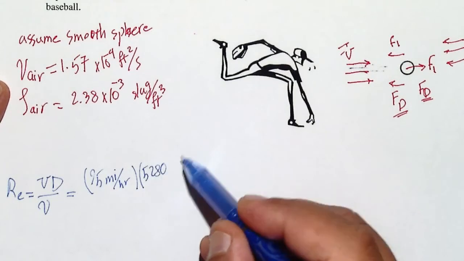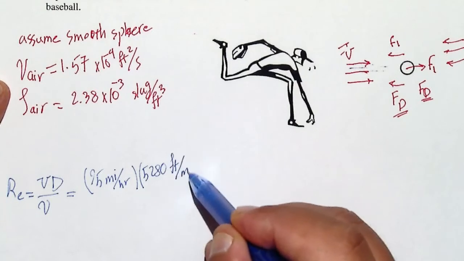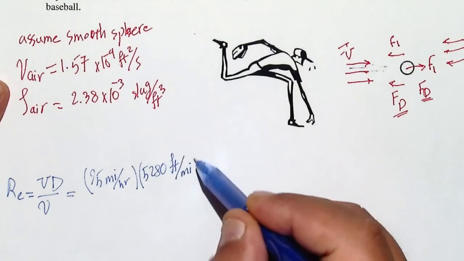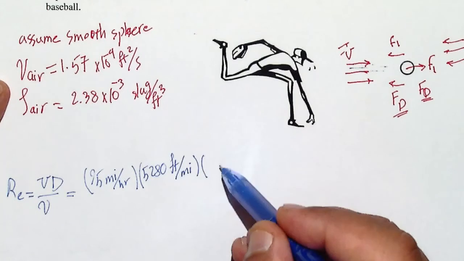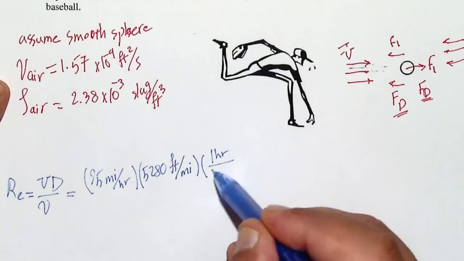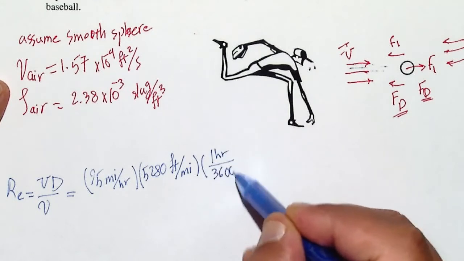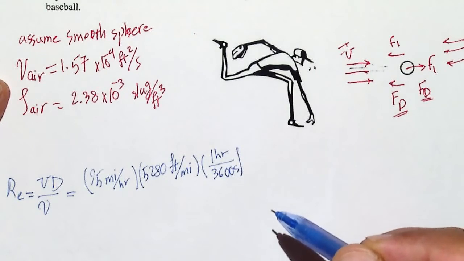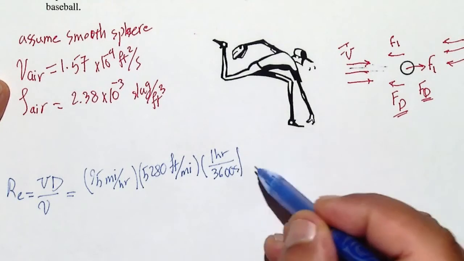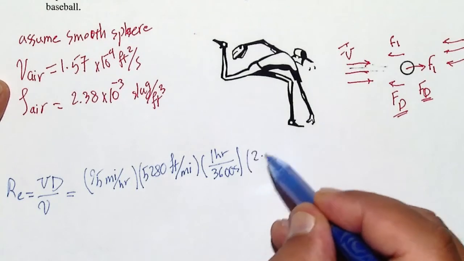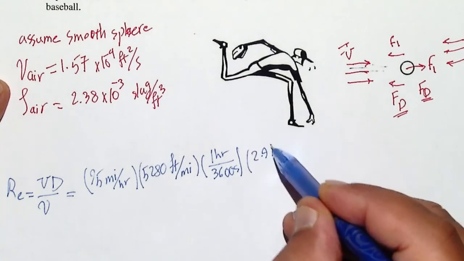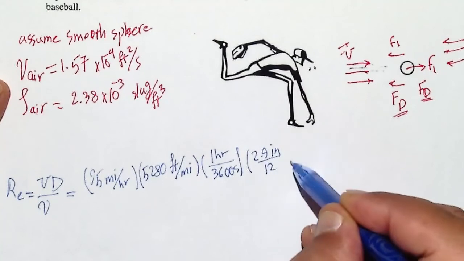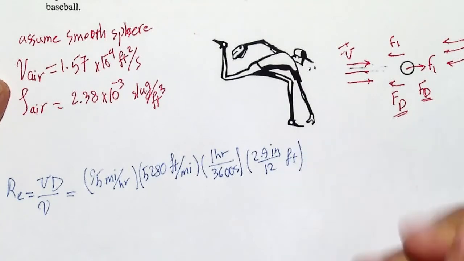This is going to be given in the exam if we need it. So 5,280 feet per mile and times 1 hour over 3,600 seconds, which is 1 hour. Then multiply by the d, which is 2.9 inches. We make it over 12 to have feet, right?